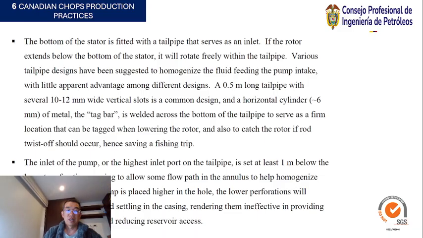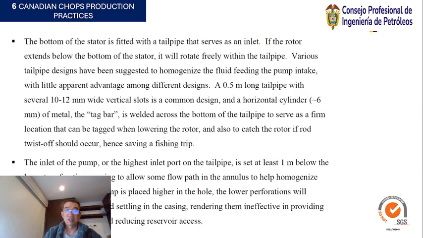The inlet of the pump, or the highest inlet port in the tailpipe, is set at least 1 meter below the lowest perforation opening to allow some flow path in the annulus to help homogenize the pump feed.